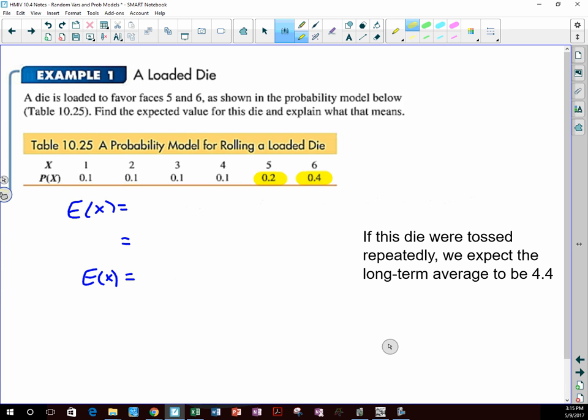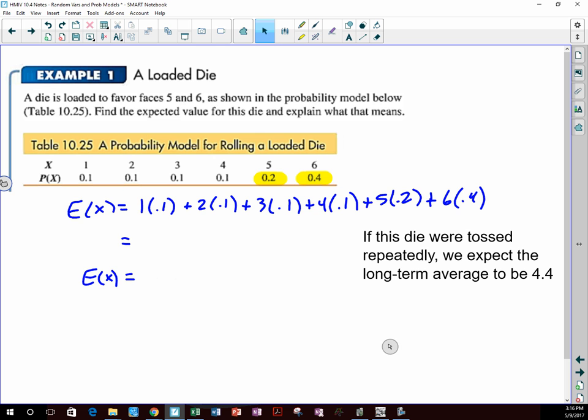So our expected value here, E of X, we're going to find in the same way where we take those outcomes and we multiply them by the probability of each happening. So 1 times 0.1 plus 2 times 0.1 plus 3 times 0.1, and so on. And we end up with 4.4.